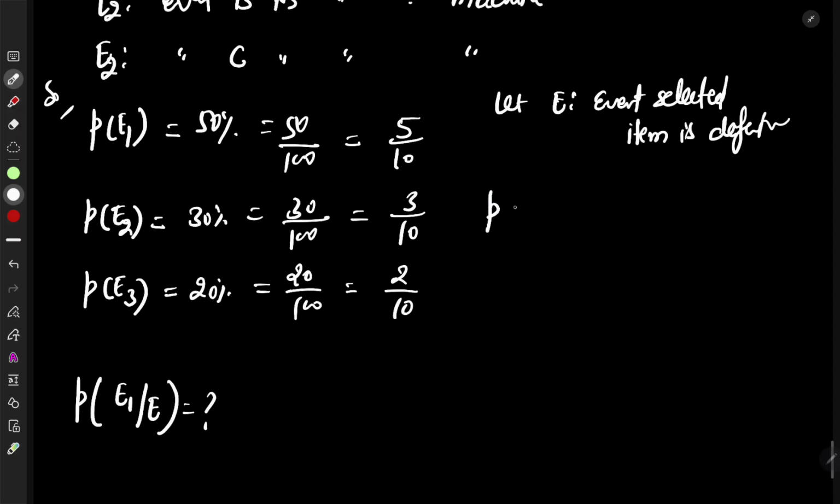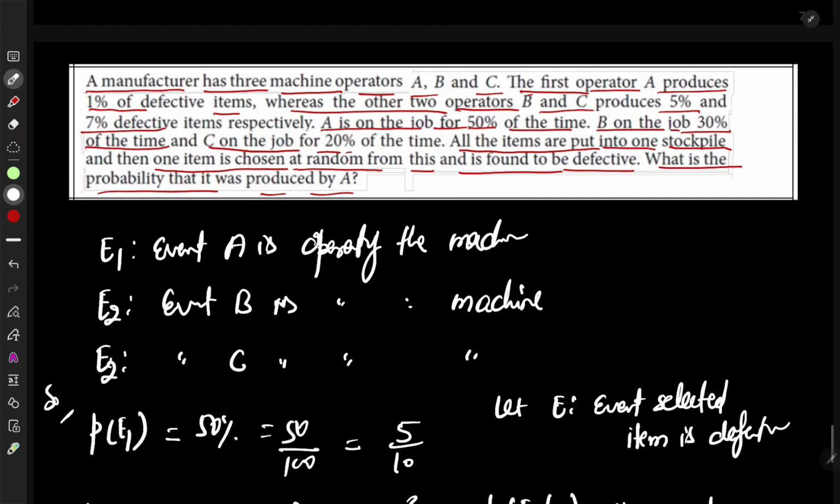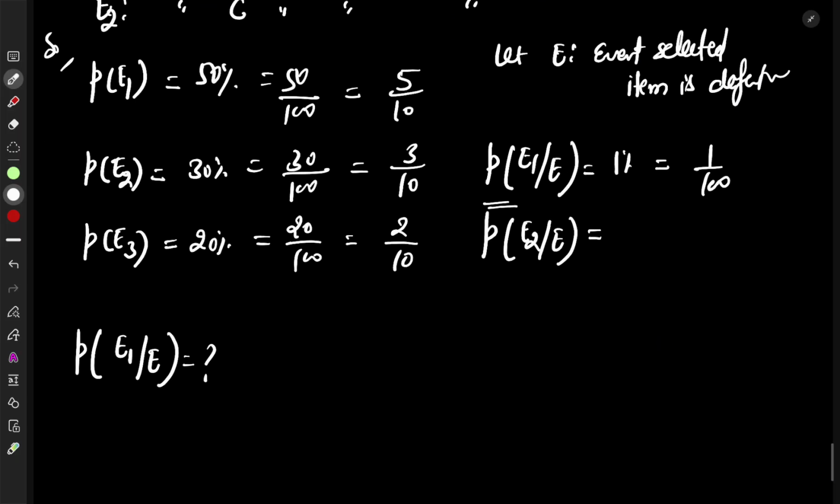Before finding this one, a few more things are required. When E has already occurred, what will this be? You'll be saying, sir, you are asking what is the probability that a defective item was made when A was operating. That is 1% only, given, correct? 1% means 1 by 100. Probability of E2 when E has already occurred, it is given 5%, so 5 by 100.